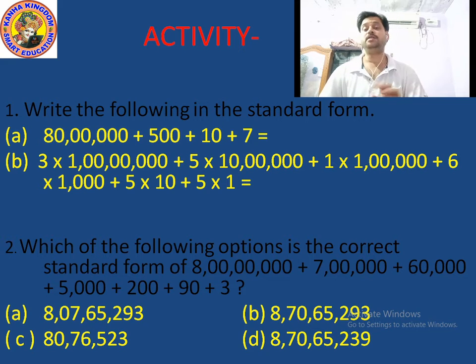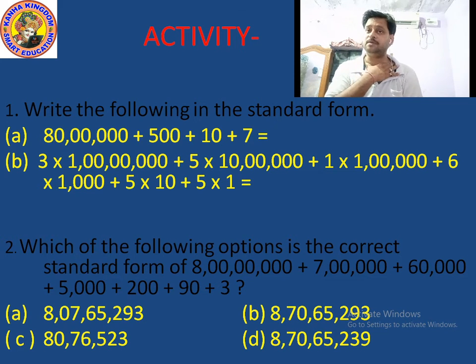Okay, now how do you catch it? See the right hand side of the number. The right hand side number is 3. Now you have only 3 options, because C is not correct.